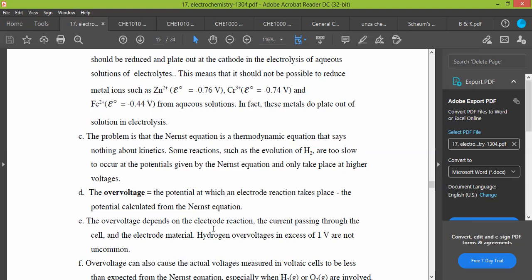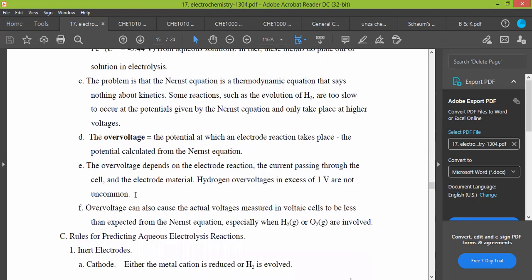When you calculate that value, that value is the overvoltage, because immediately you go above that value, the reactions begin to take place.